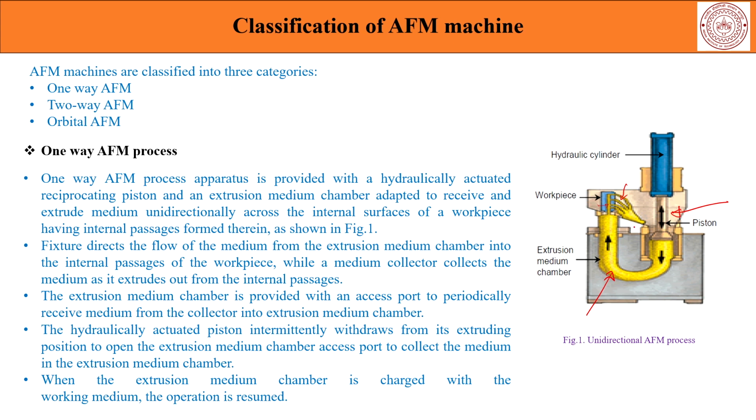So, there are various intricacies through which you push the abrasive medium, and the fixture directs the flow of the medium from the extrusion medium chamber into the internal passageway of the workpiece. And then of course, there is a medium collector which collects the medium as it extrudes out from the internal passages.